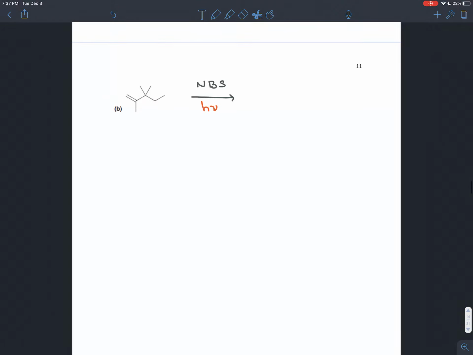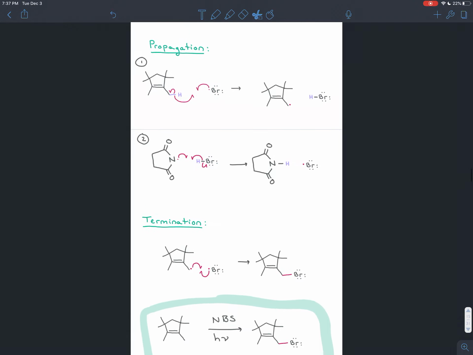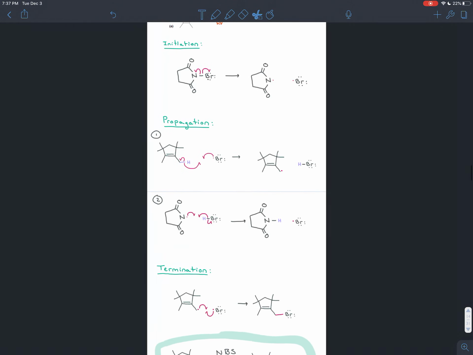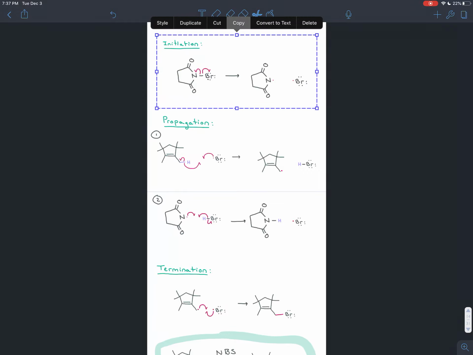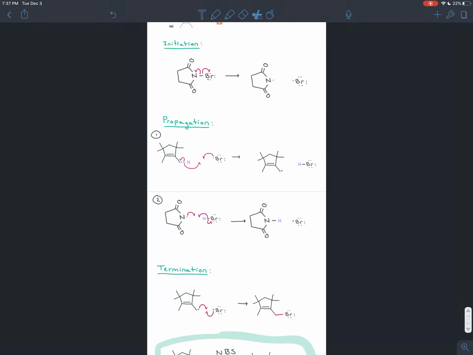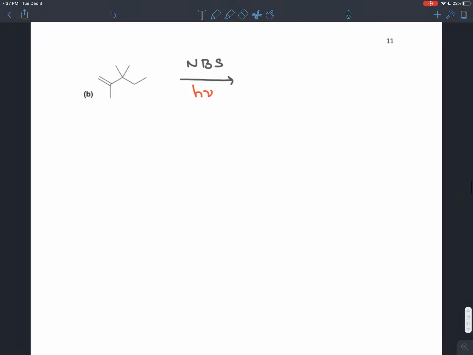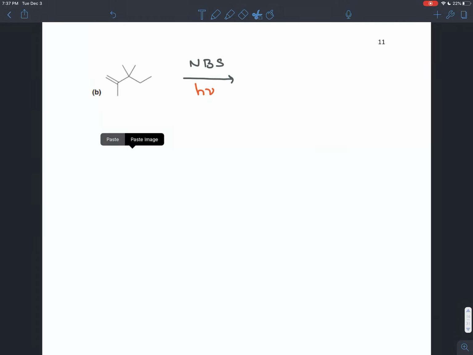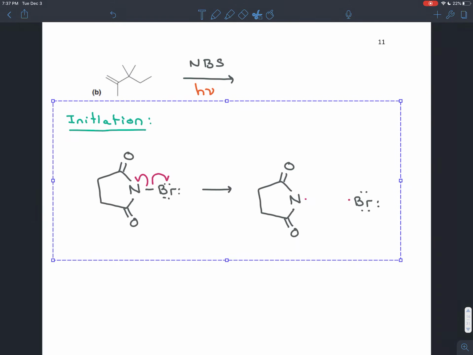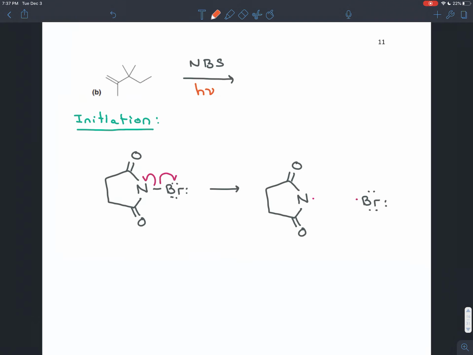And what's going to happen? Well, yet again, we're going to have these three steps: initiation, propagation, and termination, the beginning, middle, and end of our radical reactions. When you use N-bromosuccinimide, NBS, the beginning, the initiation step, is always homolytic cleavage of the bond between the nitrogen and the bromine to form these two radicals.